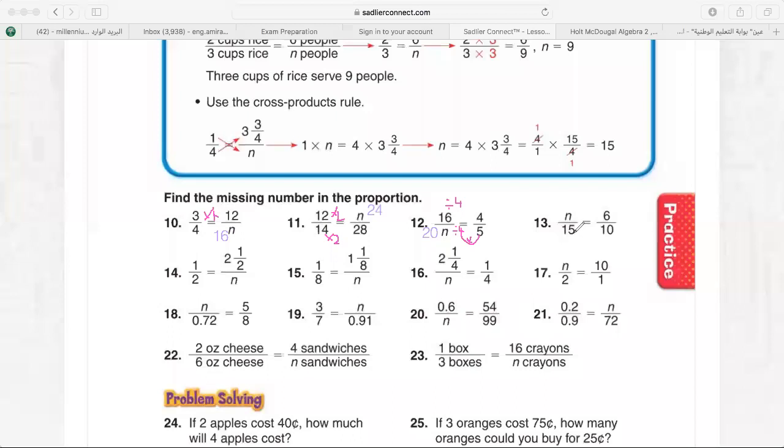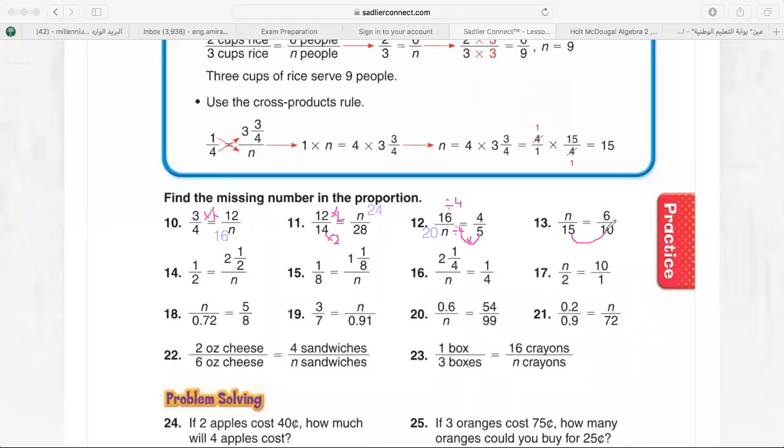Okay, here. This one, number 13, is the way, the trick that I am talking about. 15 is now 10, so it is getting less. What happened? I divide. But it is hard now. 15, I divided by what to be 10?